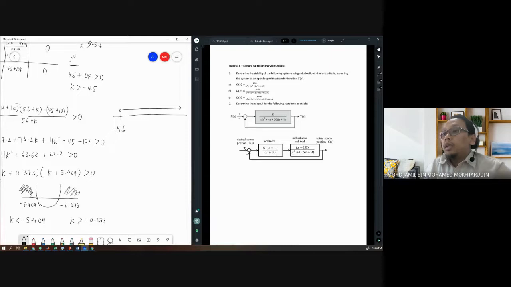Then we have negative 5.4, maybe here, and then k bigger than negative 0.37. So the range is less than negative 5.4 and bigger than 0.373. And then we have the last one, negative 4.5, and it's also bigger.